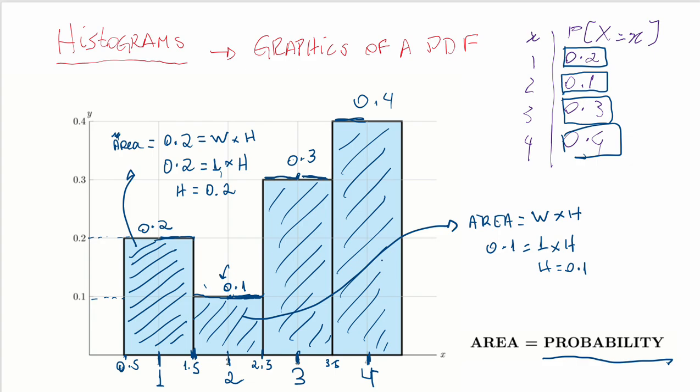So when you look at a histogram, you have everything you need. The middle points are your values, and the height times the width gives you the probability. Okay? And what is good in doing that? Well, it's visual, right?